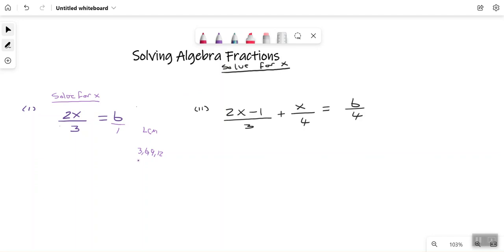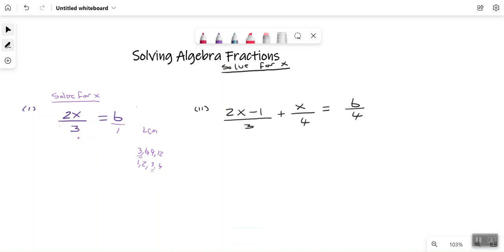And then the multiples of 1 are 1, 2, 3, 4. So we can see, looking at this, the lowest common multiple is 3. So the lowest common multiple for these two denominators is 3.